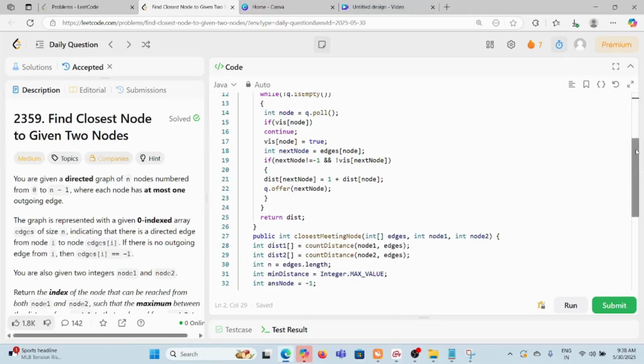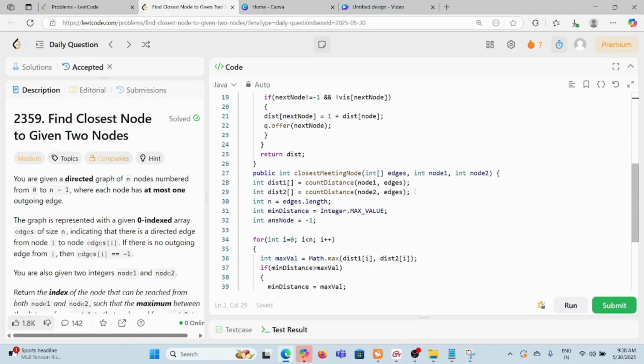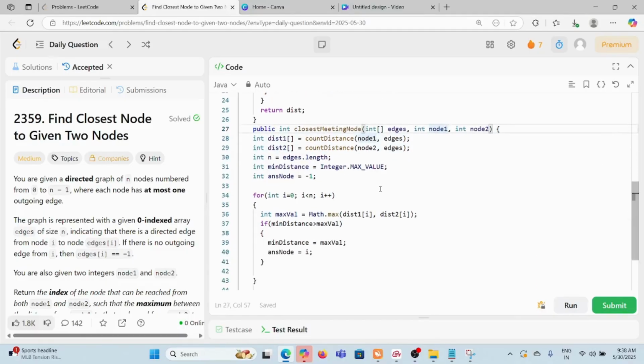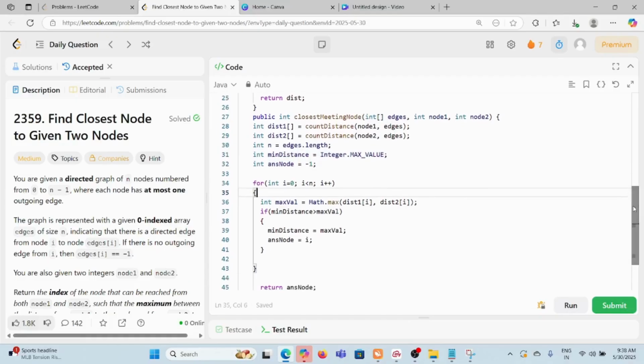I created 2 distance arrays, distance 1 and distance 2, for node 1 and node 2. I have also created one variable called minimum distance and answer node. We will use them later. First of all, I have got the distances from node 1 and node 2, so these 2 arrays would have the distances.